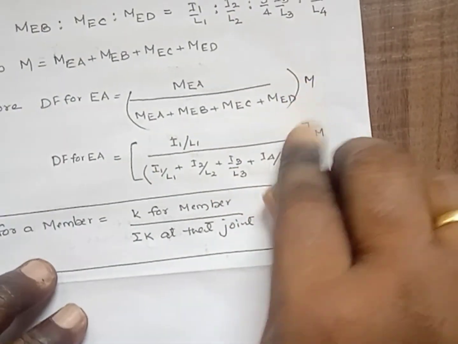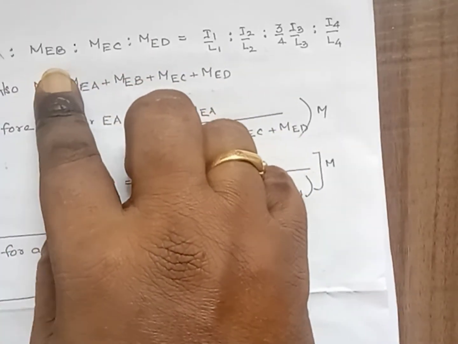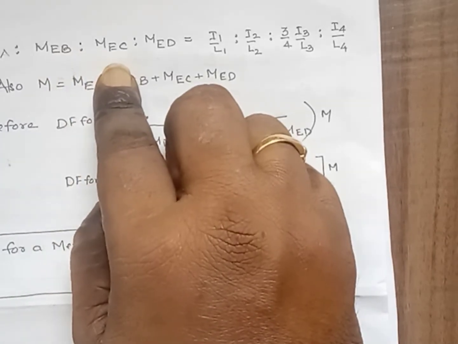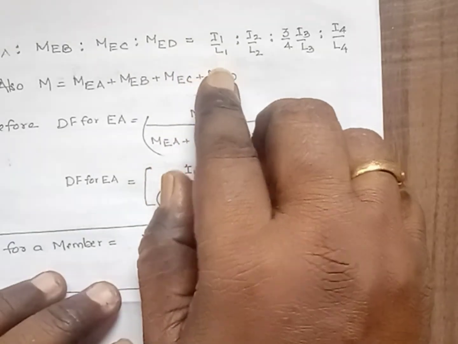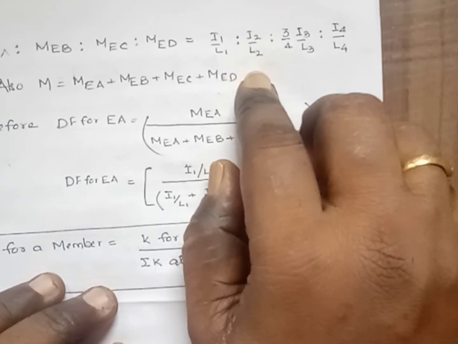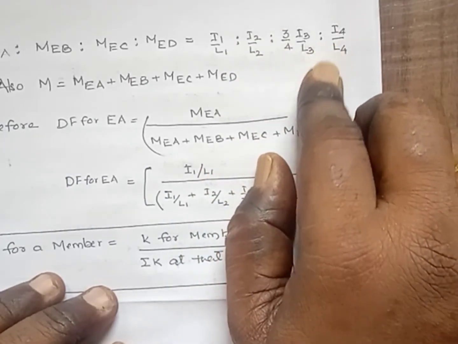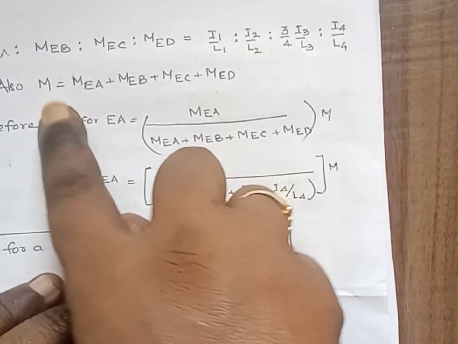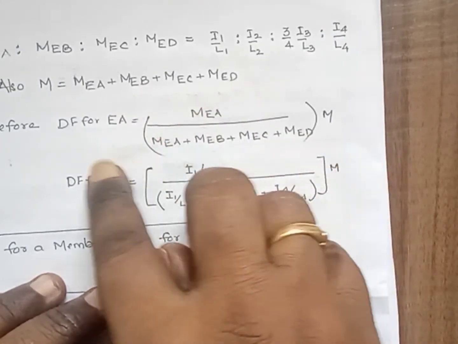Here they are proportionate to each other. MEA is proportional to MEB, proportional to MEC, proportional to MED, that equals I1 by L1, proportionate to I2 by L2, proportionate to 3/4 of I3 by L3, proportionate to I4 by L4. But M equals the summation of MEA plus MEB plus MEC plus MED.